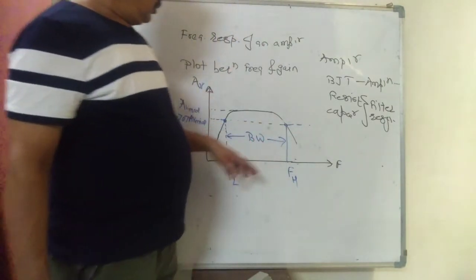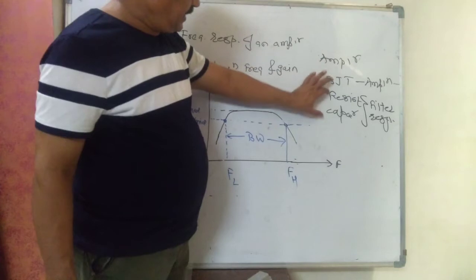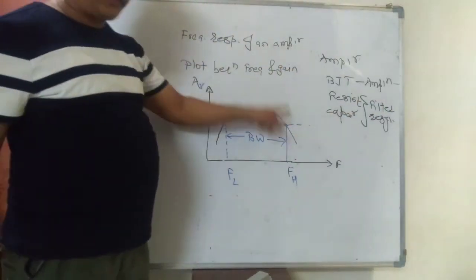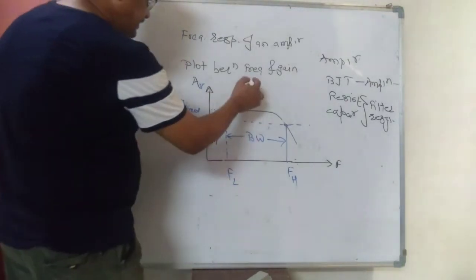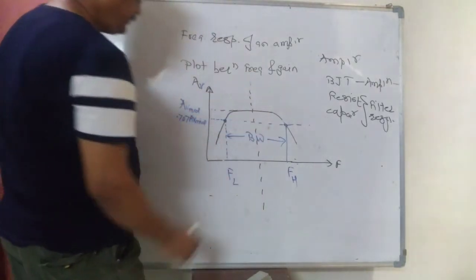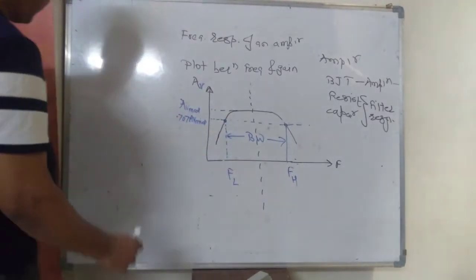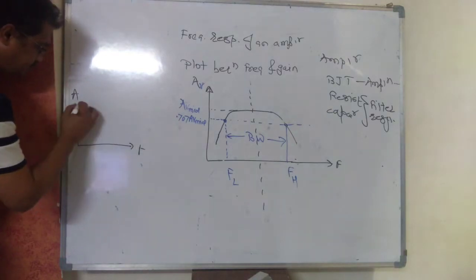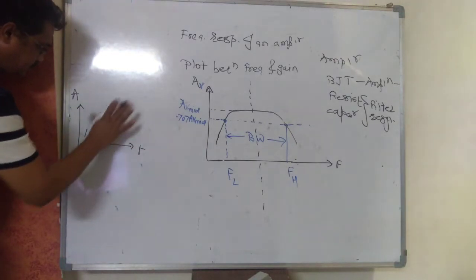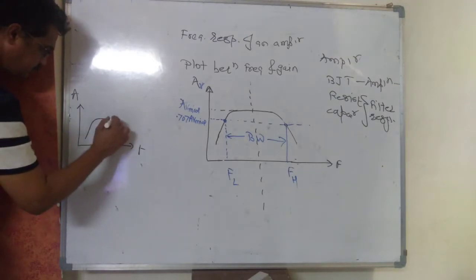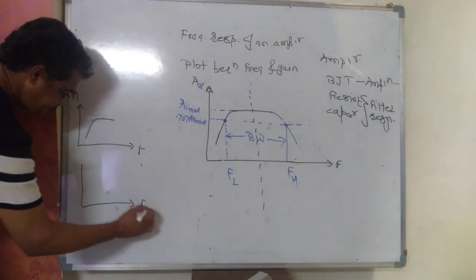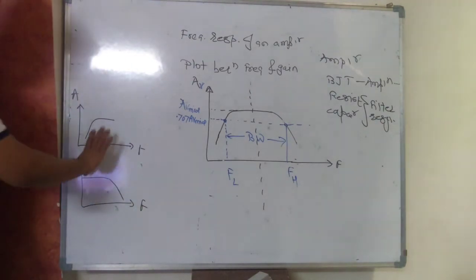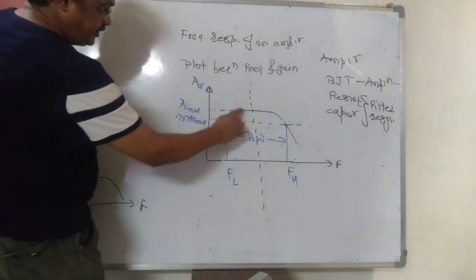Right? So BJT provides amplification and resistor capacitor combination, which is a filter combination, provides the response. If this response is bisected at the center, then we get two halves, and these two combined give the complete response.